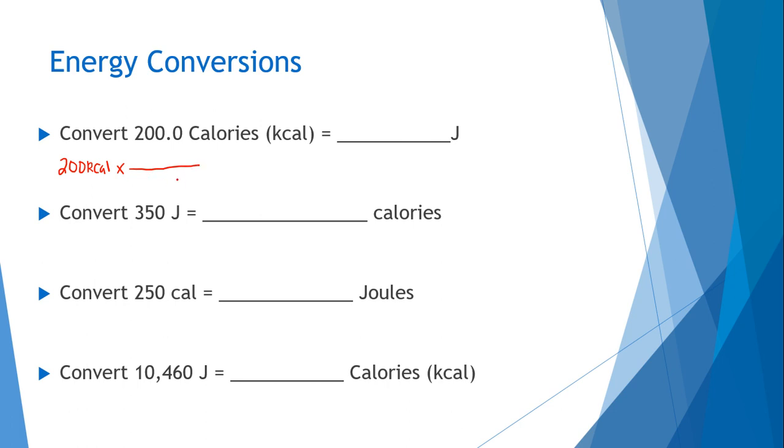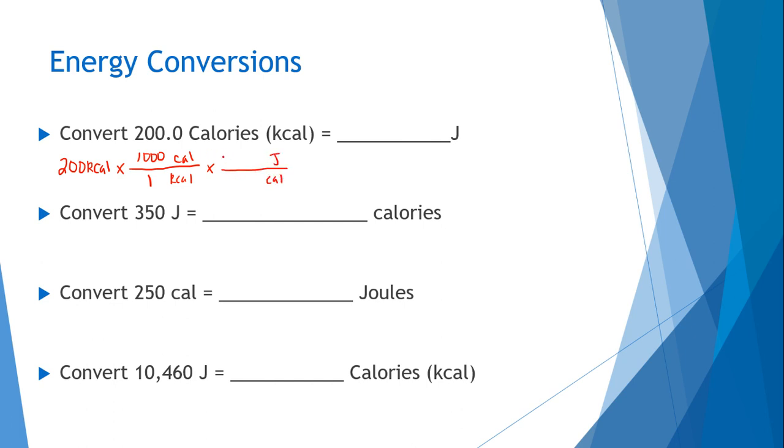So here I have kilocal, so I'm going to put kilocal on the bottom. And I want to get to joule, but there is no conversion between kilocal and joule. So you can actually go to a regular calorie first. Now remember, there are 1,000 calories in 1 kilocal. From there, I can cancel out calories and put joule on top.